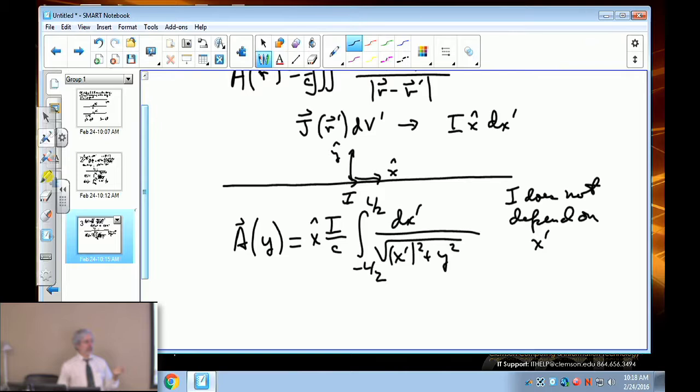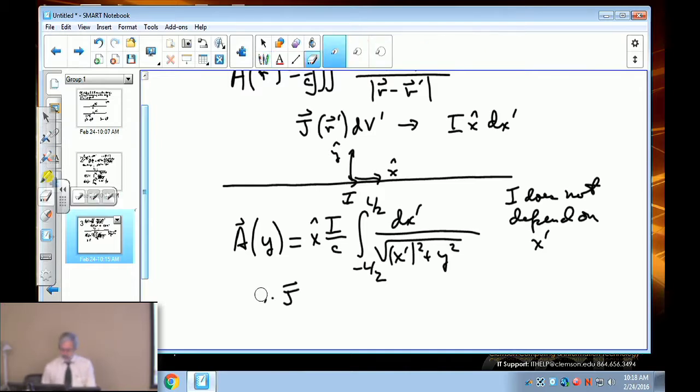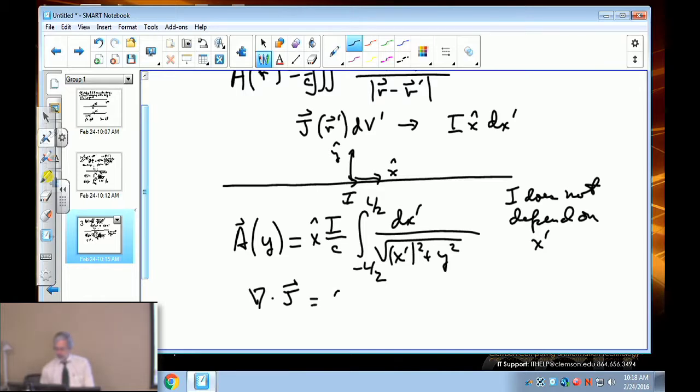Yes, exactly. Charge builds up. There's a divergence of the current. Remember the divergence of J would be the derivative with respect to x of Jx, and then there's no Jy or Jz here.